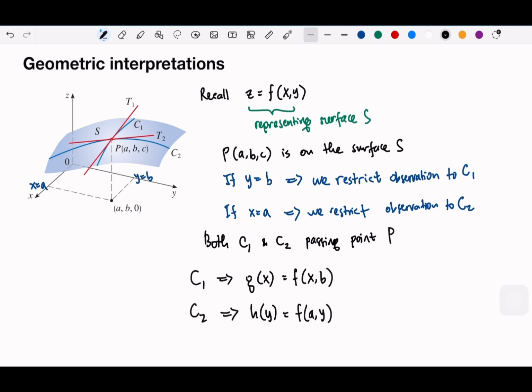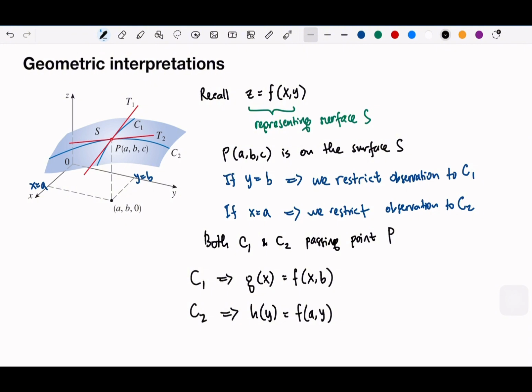Now, from these two curves, if you see the picture, we have a line. From this side, you can see that this is just a normal curve, and this is a line, like in calculus 1. So the T1 is actually the derivative of this curve at that point. And the same way, we can also view C2 only in the z-y axes, and we can see that C2 at this point has a derivative, the T2.